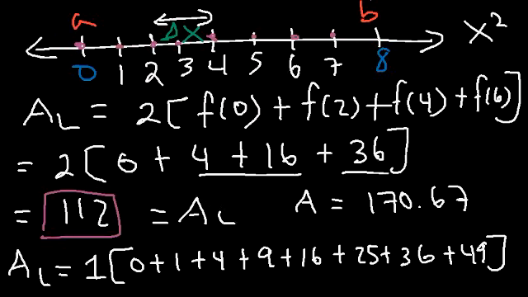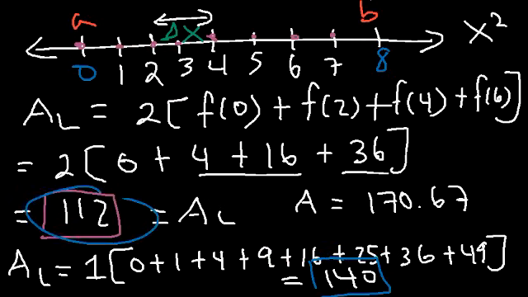So 1 plus 4 plus 9 plus 16 plus 25 plus 36 plus 49. This adds up to 140. So 140 is still not very close to 170.6, but nevertheless, it's more accurate than 112. It's closer than 112 is. So as you can see, if you increase the n value, the approximations become more accurate. So that's how you can calculate using the left Riemann sum.